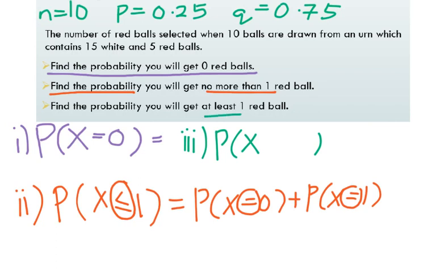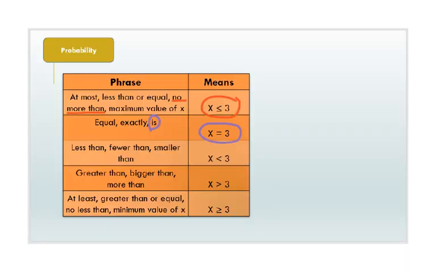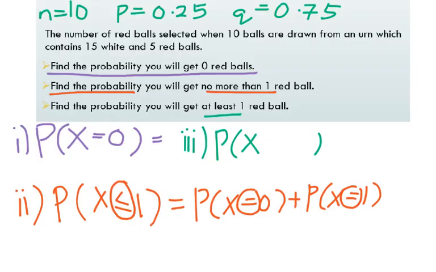So at least again, if we want to refer to the table, so at least is here. So means that X greater than or equals to 3, or in our case is greater than or equals to 1. Alright, so this one again, you can see that the symbol here is more than or equal.